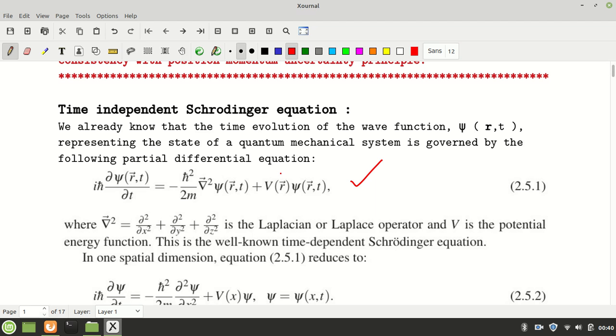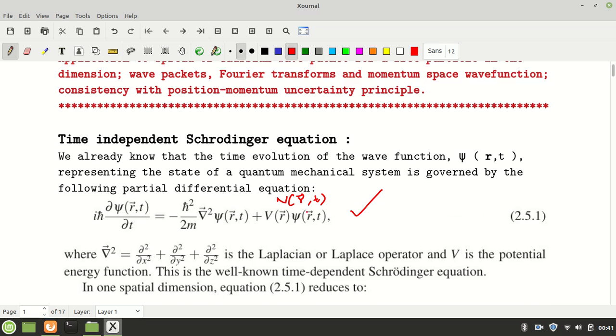In general you can write the potential as a function of both position and time, so r comma t, but here from the beginning I have assumed that the potential is not explicitly a function of time.